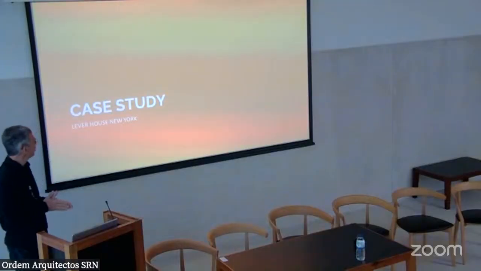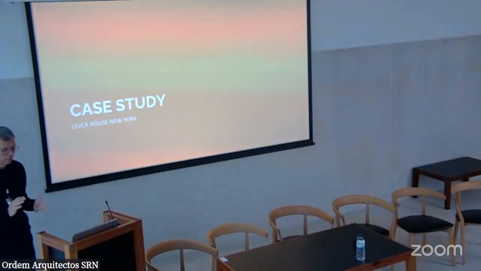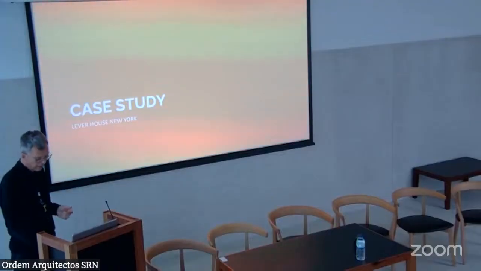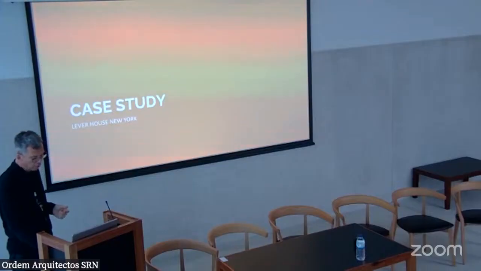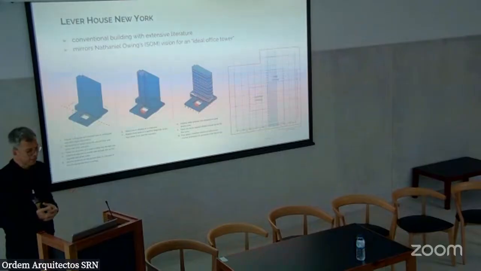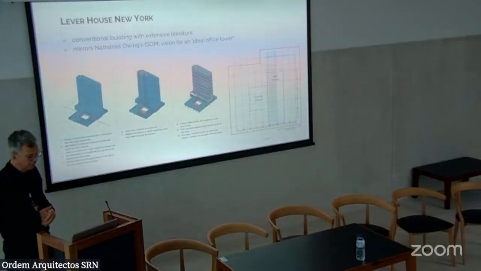So this is the case study that I will use to quickly demonstrate the idea. It's the Lever House in New York, and we chose this basically because it's a conventional building, yet not as simple. I mean, it's a relatively complex, but still it's conventional building.